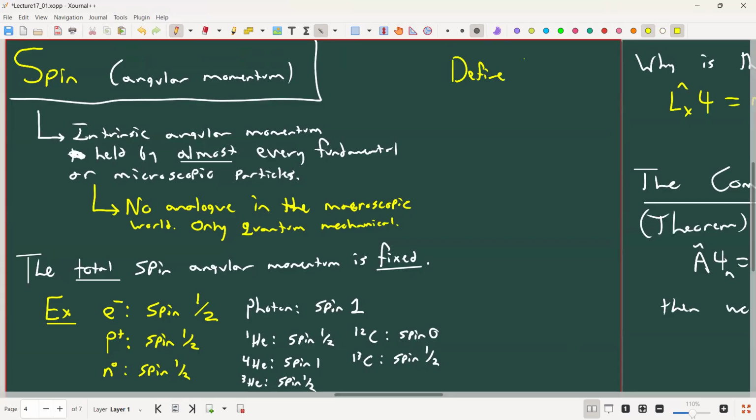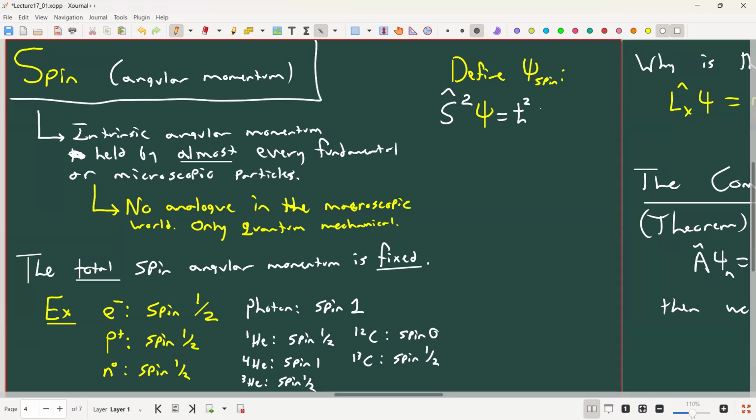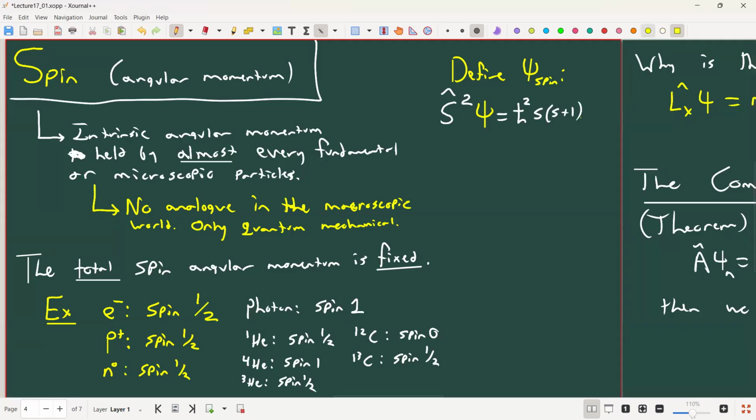It's 2 operators, just like there is for angular momentum. So we can define our spin wave functions such that they satisfy, they measure S squared, and they give you back, just like before, h bar squared times some number s times s plus 1 times the wave function.